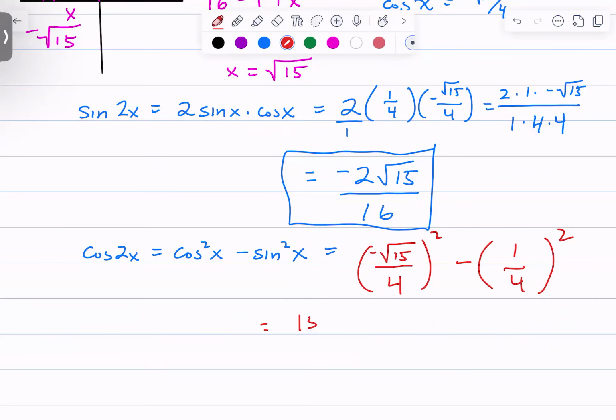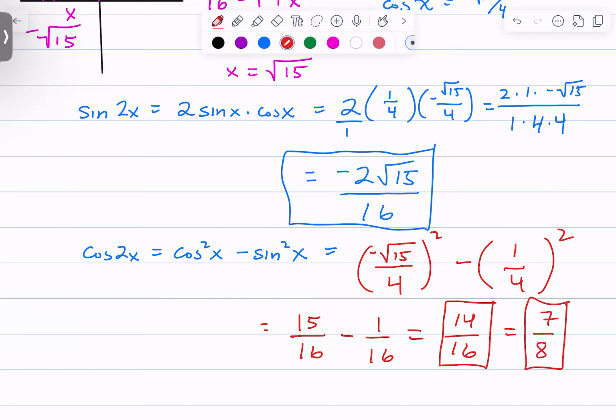This would be 15 over 16 minus 1 over 16, which would get me 14 over 16. Okay. I'm tempted to reduce that, and you can reduce it down to 7 over 8. Okay. Yeah, just reduce it.